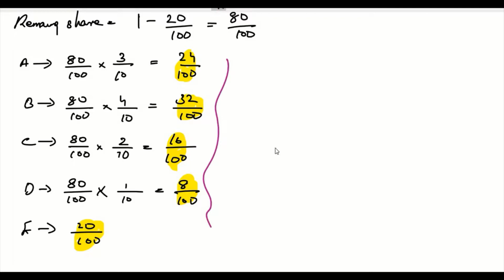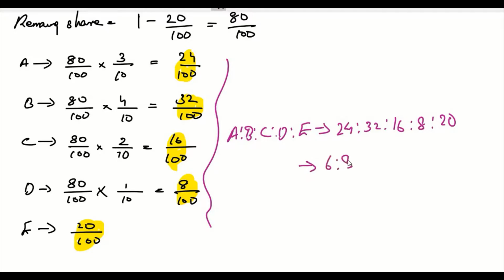So what's the new profit sharing ratio between A, B, C, D and E? It's going to be 24 is to 32 is to 16 is to 8 is to 20. If you simplify it, it's going to be 6 is to 8 is to 4 is to 2 is to 5. That's the new profit sharing ratio.